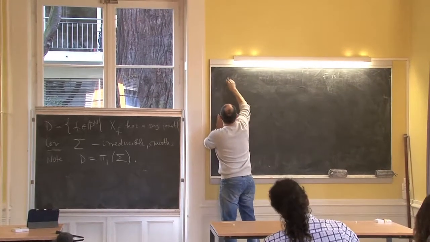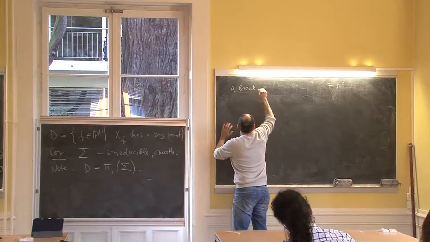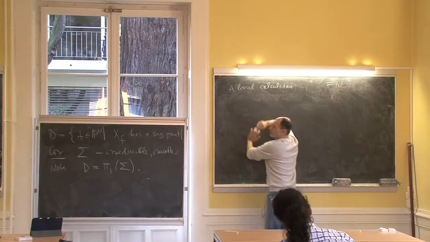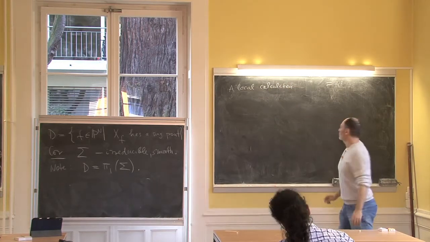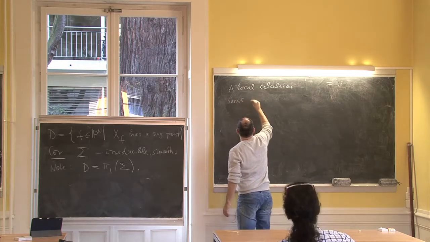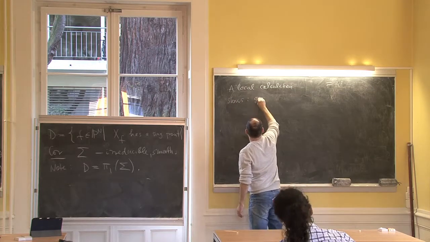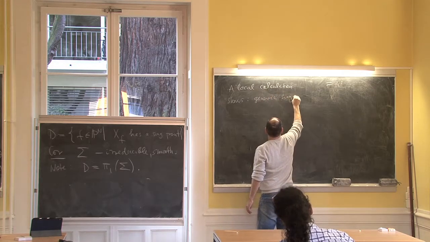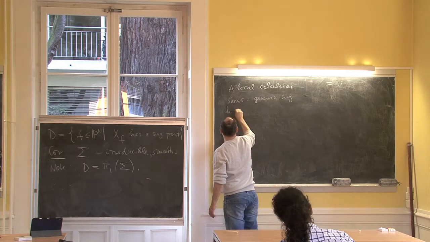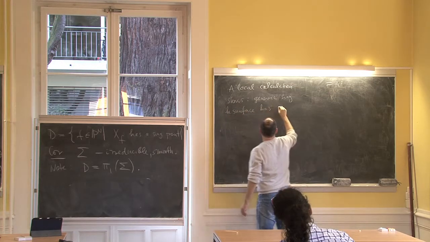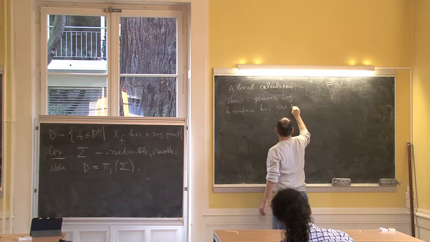So a local calculation shows, basically it's Bertini's version of Bertini's theorem, that a generic singular hypersurface has only one singular point.